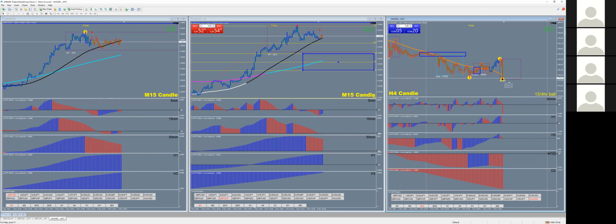Yeah. In order to go long, you had to wait for everything to set up. But if it was a continuation play, you still want a retracement, get a good setup, then go short again.